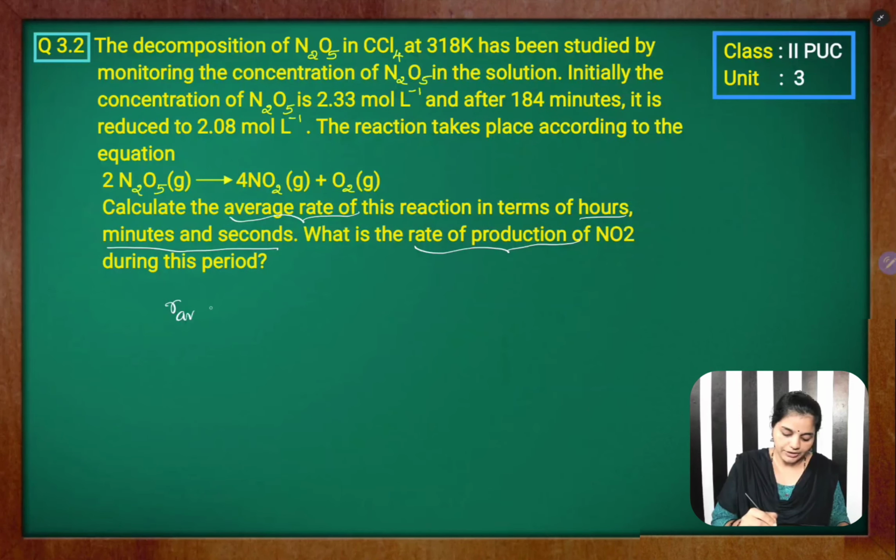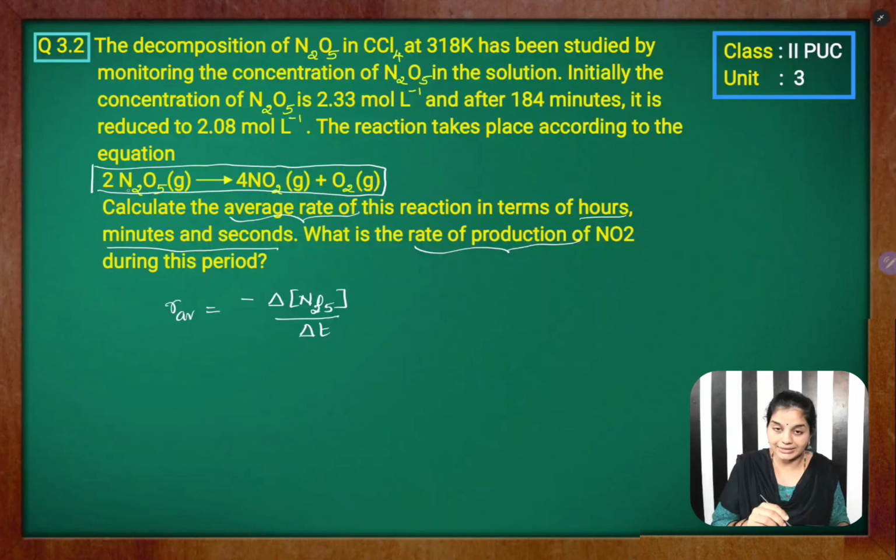So average rate of reaction is equal to minus change in concentration of N2O5 divided by delta T. But if you look into this equation that has been given, we see that the stoichiometric coefficient of the reactant N2O5 is 2. Therefore, the average rate expression should be divided by 2.